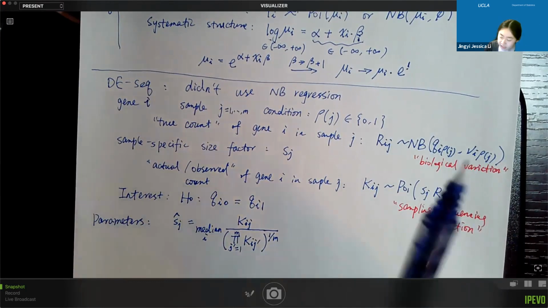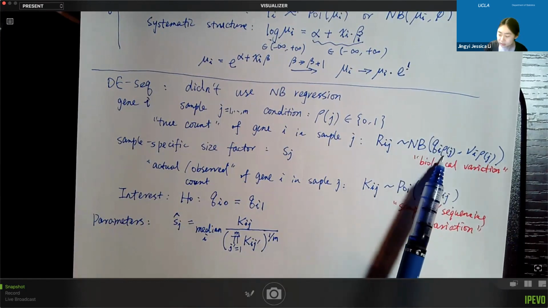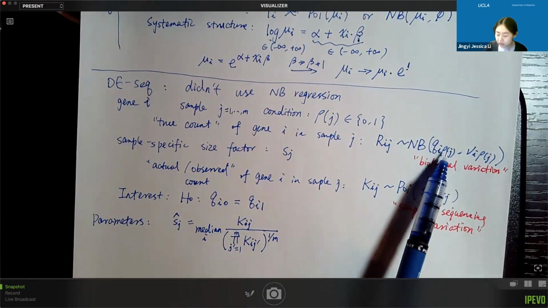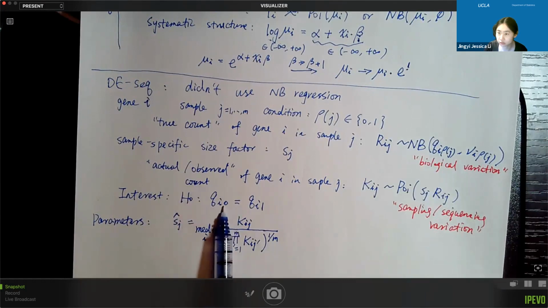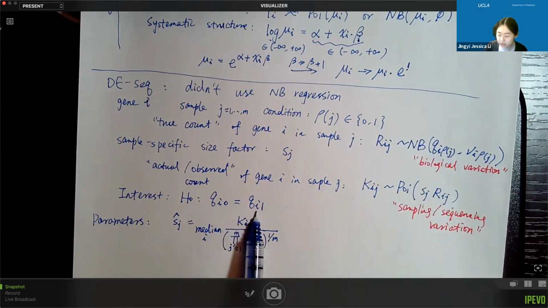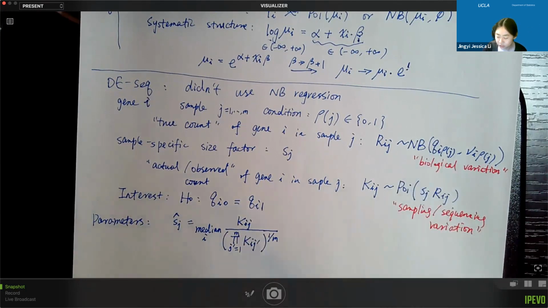You see, this is essentially the mean of the negative binomial, and it's about gene I. So it's reasonable that we take the samples for each condition. For condition 0, we take all the samples under that condition to estimate Qi0. And we take all the samples under condition 1 to estimate Qi1. And we need to adjust for the size factor.